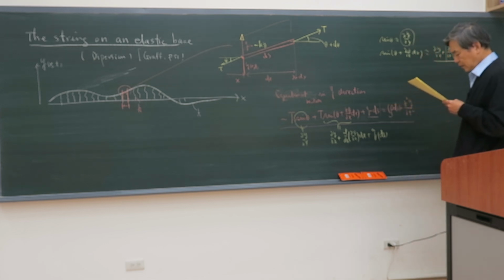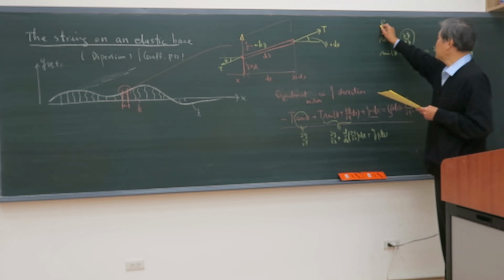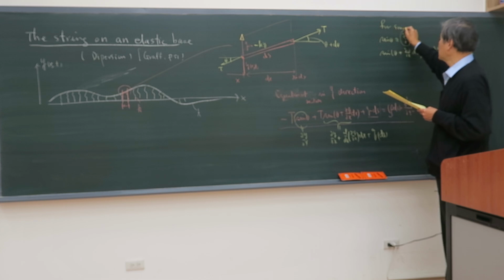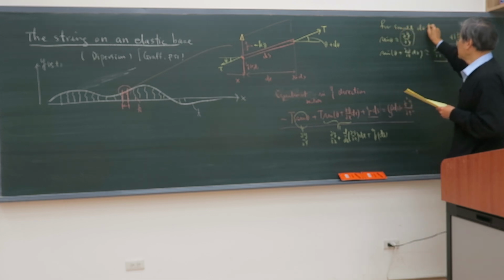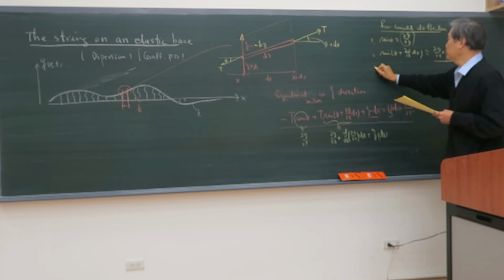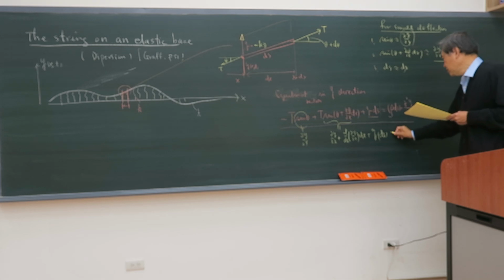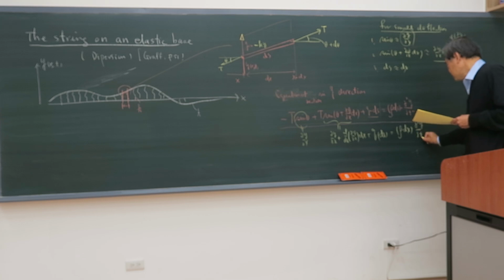If we do not consider large deflection, just small deflection, we have ds approximates dx. So equal to rho dx partial squared y partial t squared.